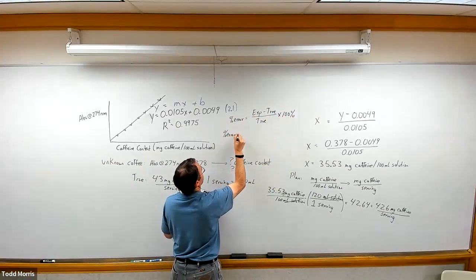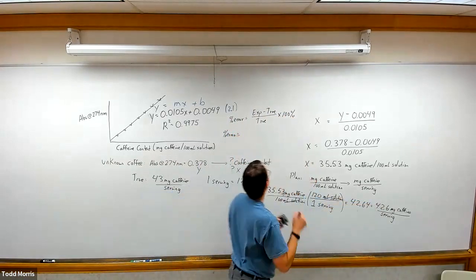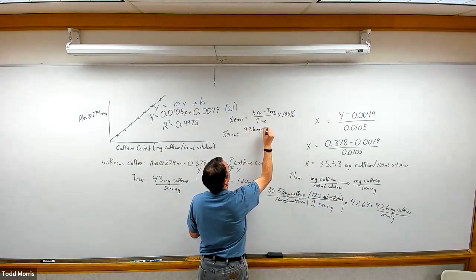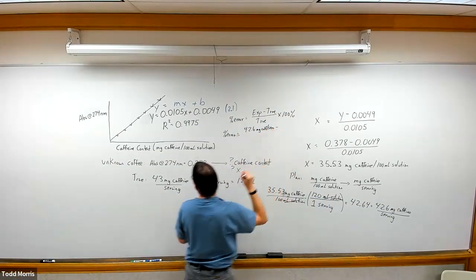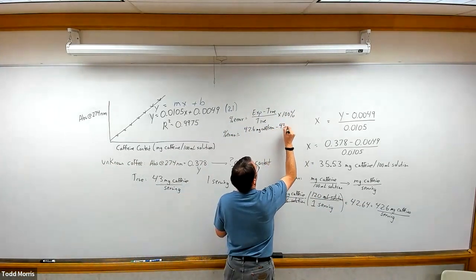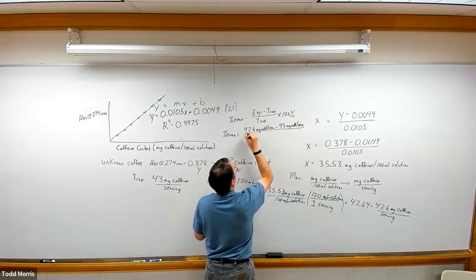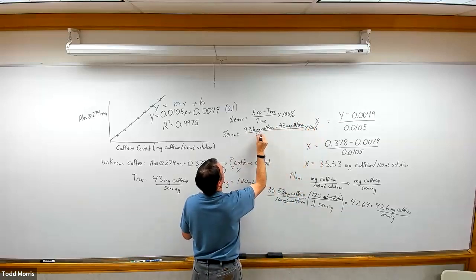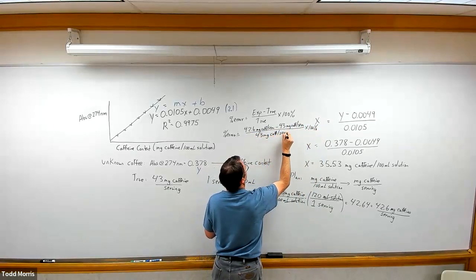Percent error in this case is going to be equal to the experimental value, which is 42.6 milligrams, making sure the unit is like it should be, minus the true number, which from the label is 43 milligrams caffeine, all divided by the true number, which is 43 milligrams of caffeine per serving.